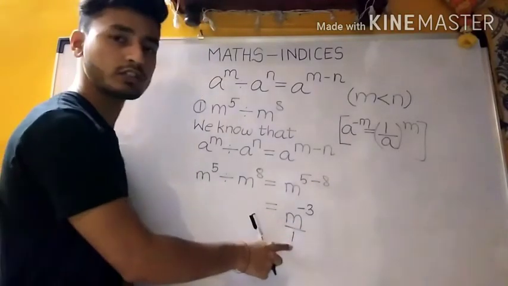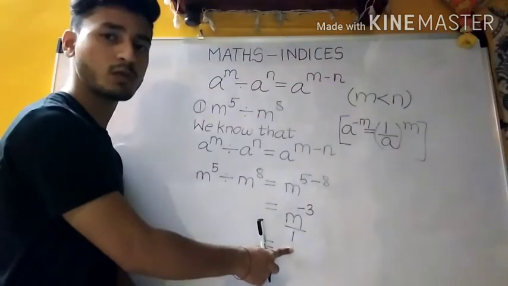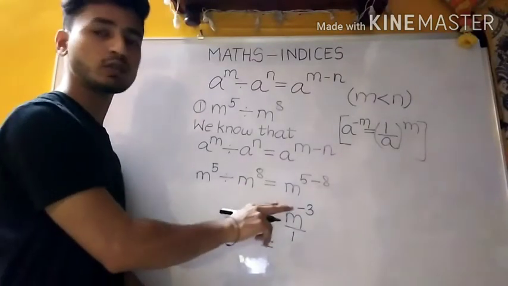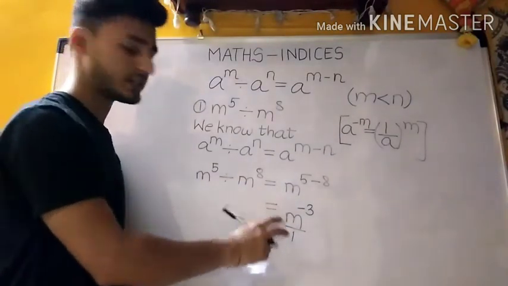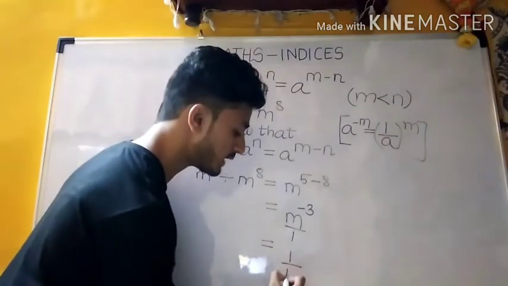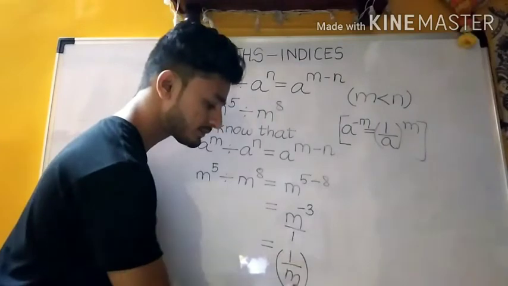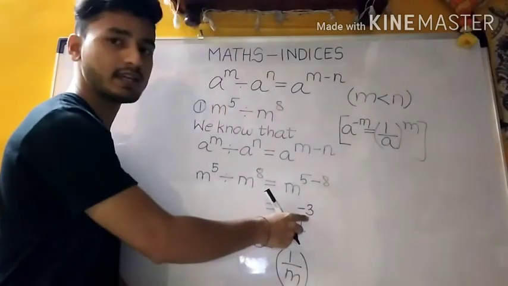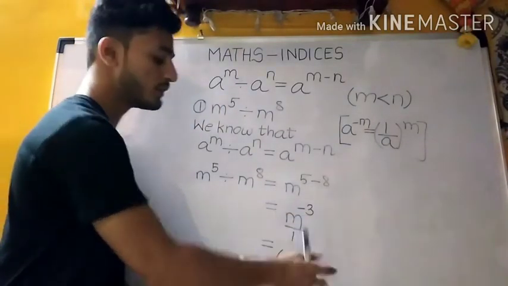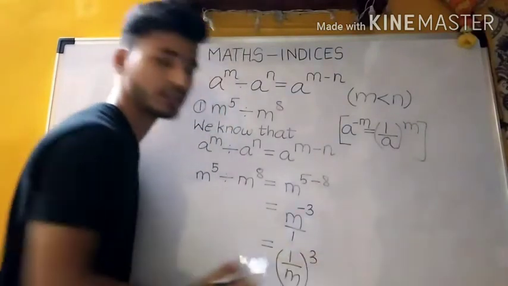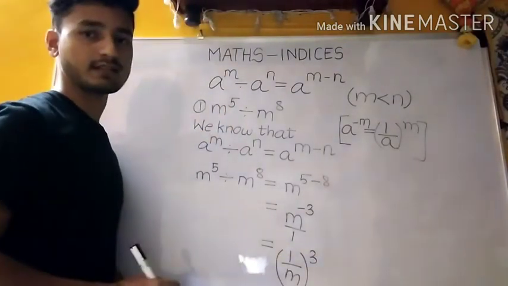Since there is no denominator, you will always assume the denominator as 1. So when we do the reciprocal, or flip it, what will happen? It will become 1 upon m. Take the reciprocal, and this minus 3, which is negative right now, will become positive. So I'll just write 3 here, and this is your final answer.